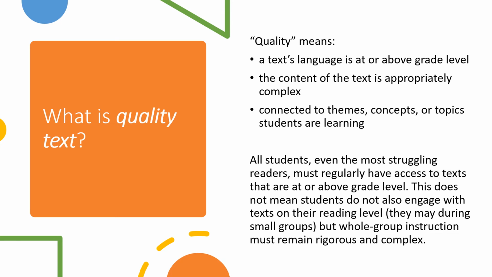All students, even the most struggling readers, must regularly have access to texts that are at or above grade level. This does not mean students do not also engage with text on their reading level. They may during small groups, but whole group instruction must remain rigorous and complex.